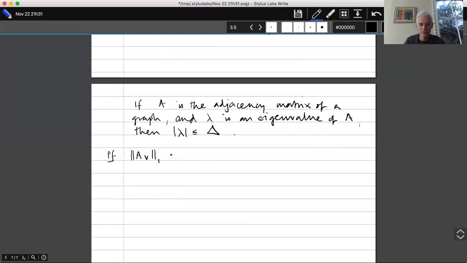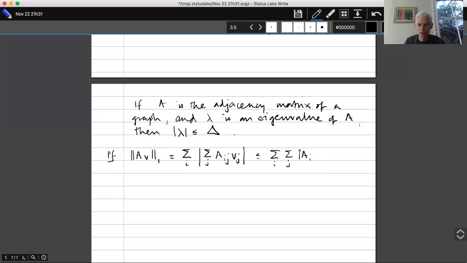So the L1 norm of AV equals the sum over all i of the sum over j of aij vj, which is less than or equal to, by the triangle inequality, the sum over i, sum over j. I wanted to say something slightly more general, but I'll say what I'm saying here for the moment.